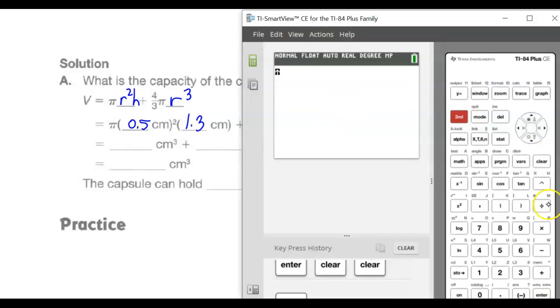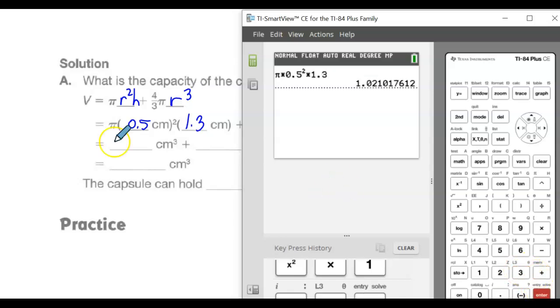So we'll get calculator out. Pi times 0.5 squared times 1.3, 1.0210.